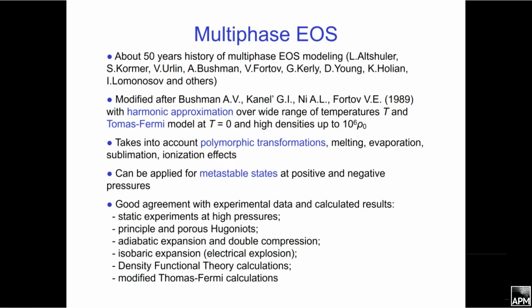The present model is modified after the Bushman model, taking into account the harmonic approximation for a wide range of temperatures, and the Thomas-Fermi model at very high compression ratios, up to 1 million-fold compression.